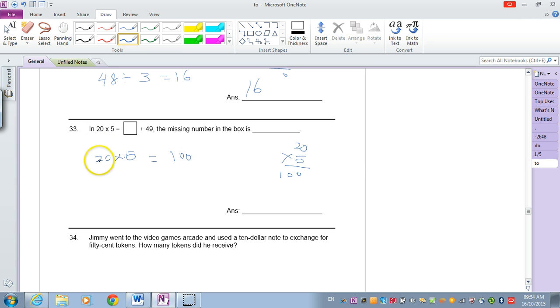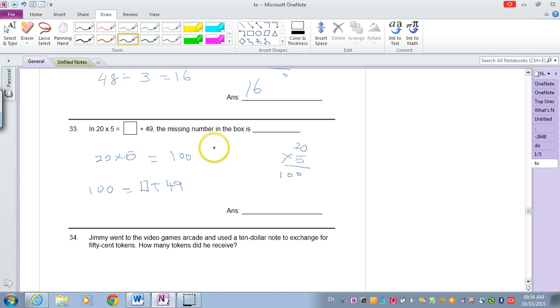Okay, so I'm going to rewrite the question again. So now it becomes 100 is equal to box plus 49. So how do I find box? Something plus 49 gives me 100. So what is that something? So I will have to use 100 to subtract 49.